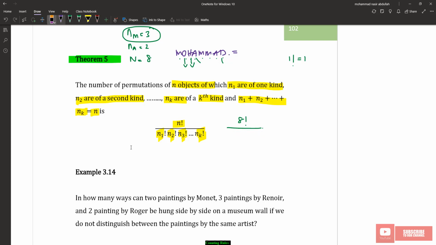Just write down the numbers that are not equal to 1: 3 factorial multiplied by 2 factorial. So 8 factorial divided by 3 factorial multiplied by 2 factorial becomes 3,360. This is how we calculate the possible outcomes when there are repeated objects.